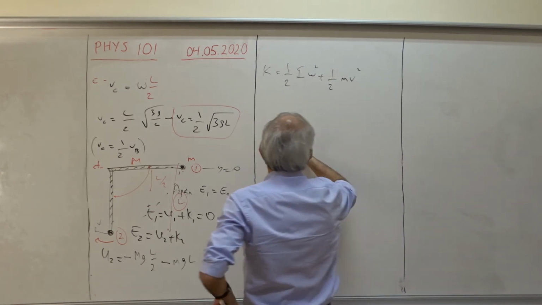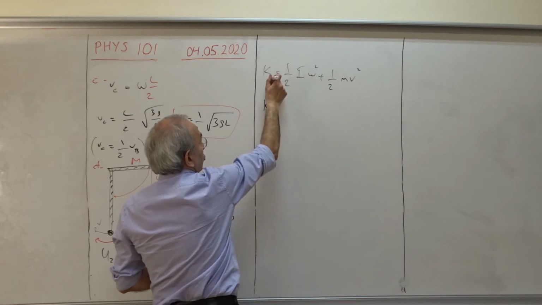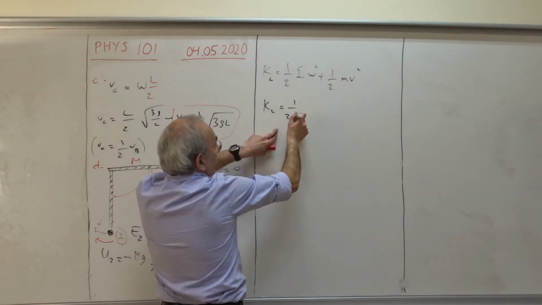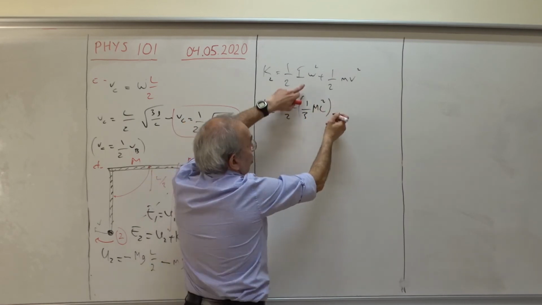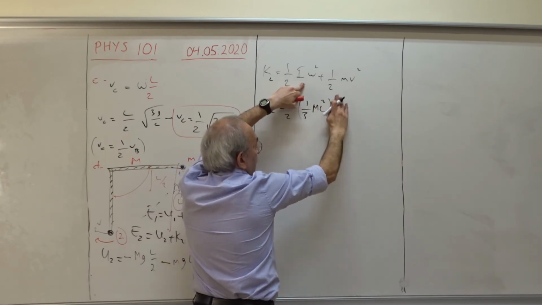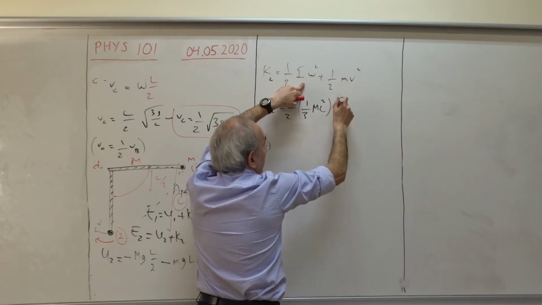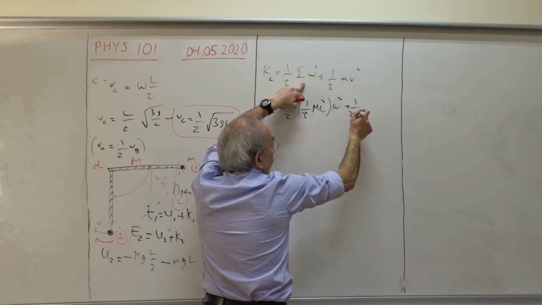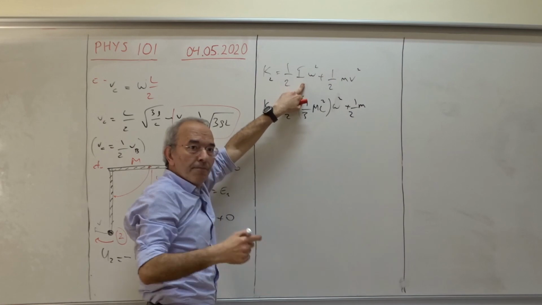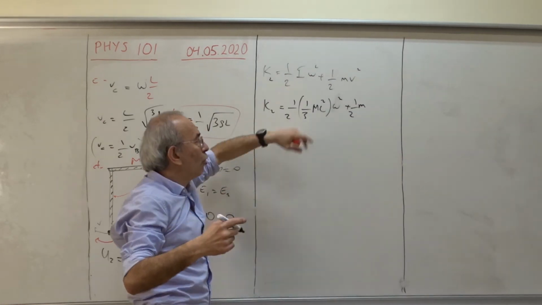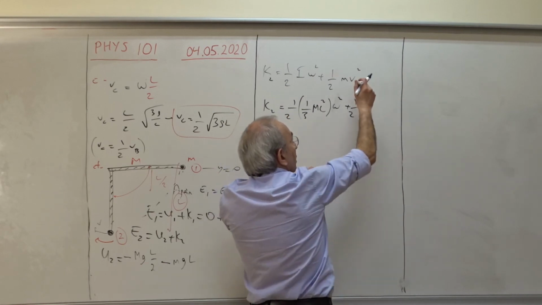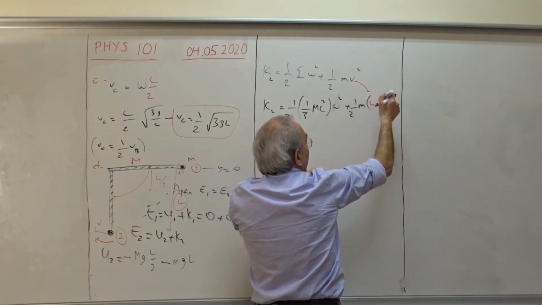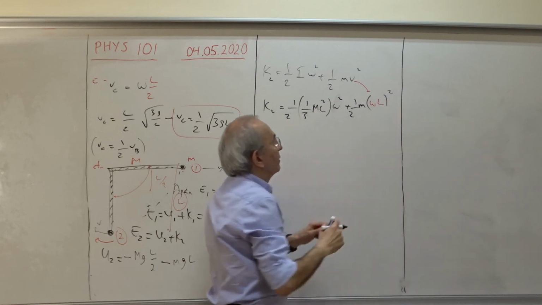So again, we can write K2. This K2 has 1/2, I is 1/3 ML squared, omega squared, plus 1/2 little m. What is V? V is equal to omega times L. So we have here, instead of V, omega times L squared.